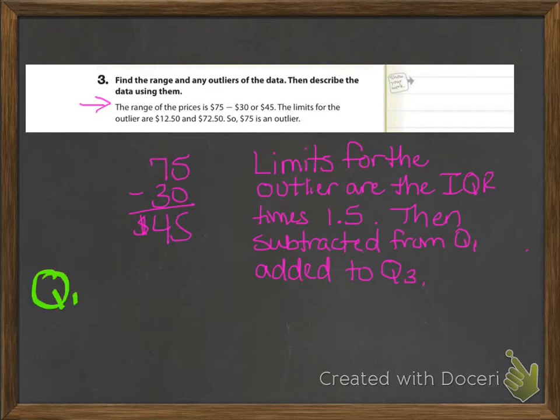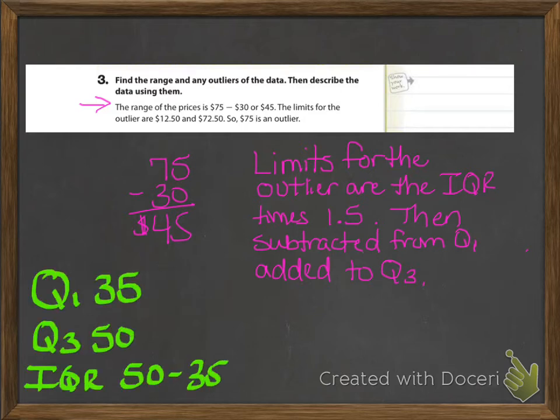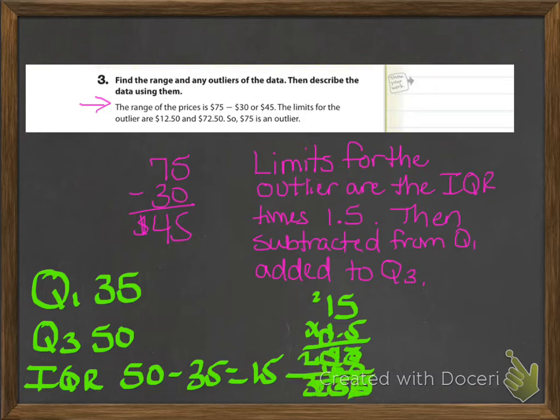Here, I use my information from the previous screen. Quartile 1 is 35, quartile 3 is 50. So 50 minus 35, I get 15. Then I take my 15 and multiply it by 1.5, and I found that my number is 25.5.